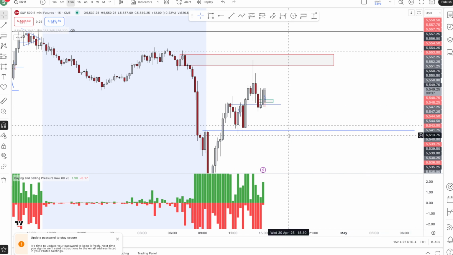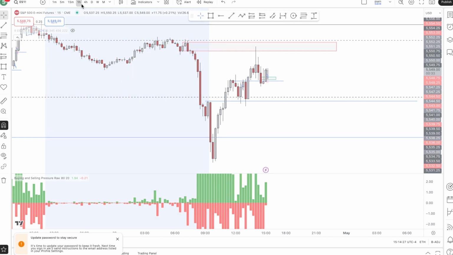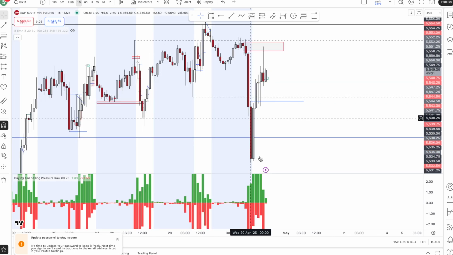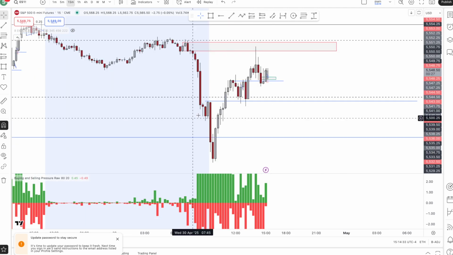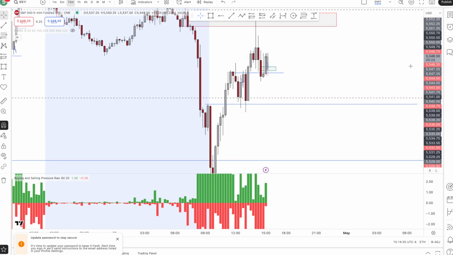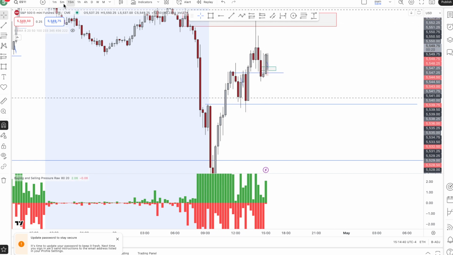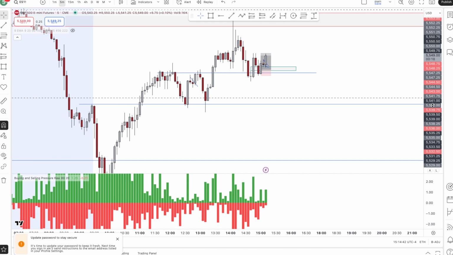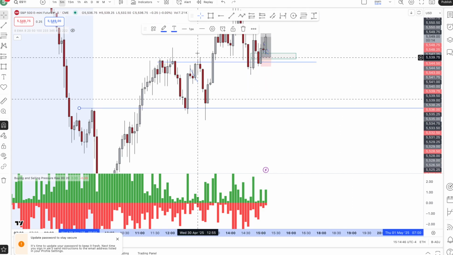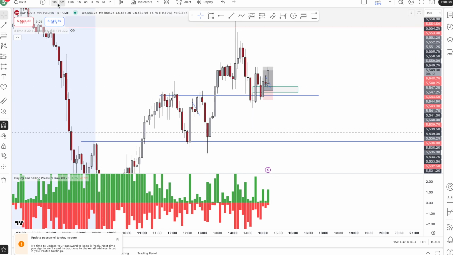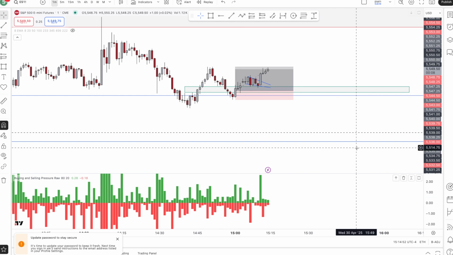I'm really big on reading the market through different time frames, right? Don't get caught up on the 1 minute. You know, we had this big dip down. I've been bullish ever since, forming higher lows. This one's coming out of a support level and an order block pushing up. On top of that, we then go on the 5 minute and we create a nice fair value gap that lines up with this support level, and then we get a nice bullish candlestick with increasing volume.